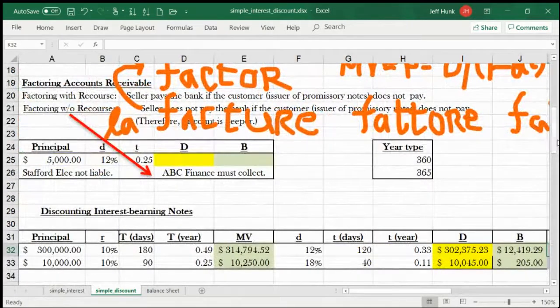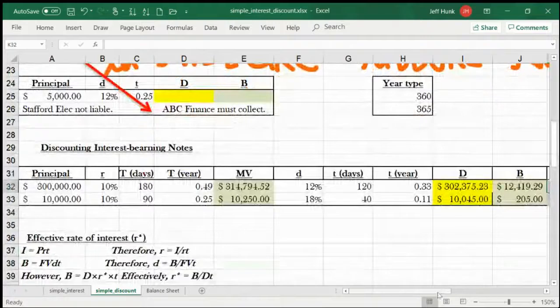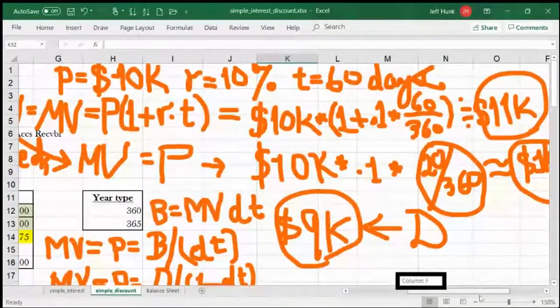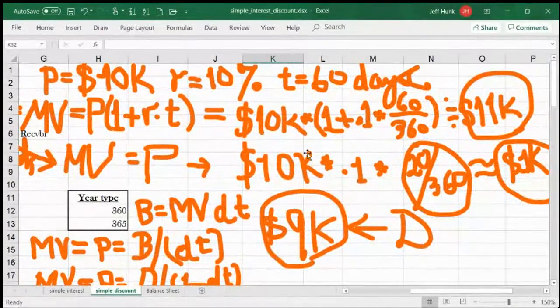But you might think, oh, back to our first example, the zero non-interest paying promissory note. In that case, suppose we ignore 60 days. That was what we did. Ignore 60 days.